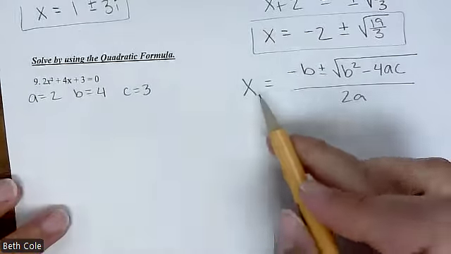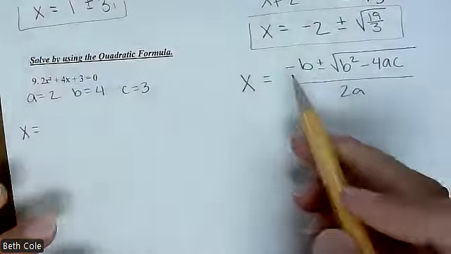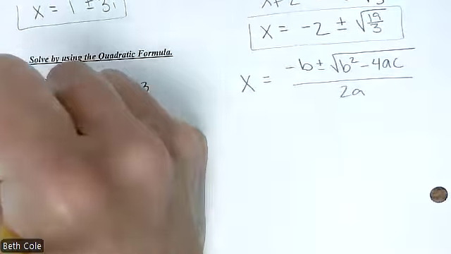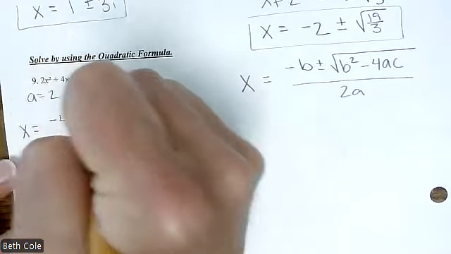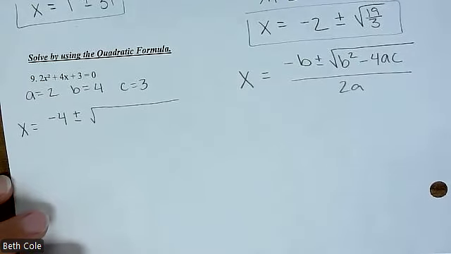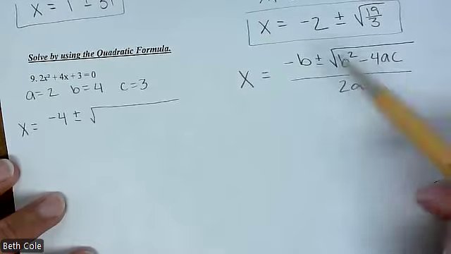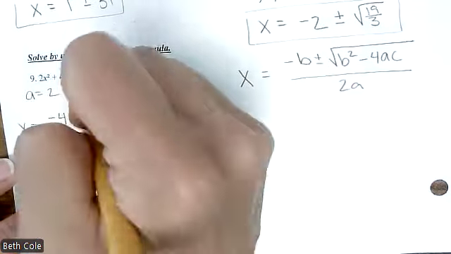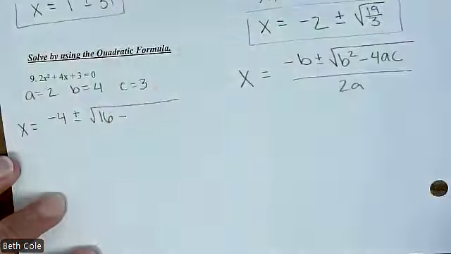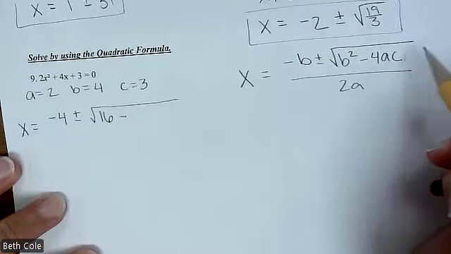And now we're going to plug it all in. So X equals -b. That would be -4 plus and minus gigantic square root b squared. That would be 4 squared, which is 16, minus, now we've got 4 times a times c.